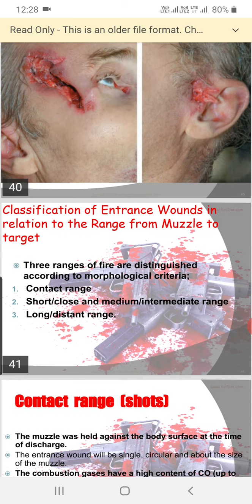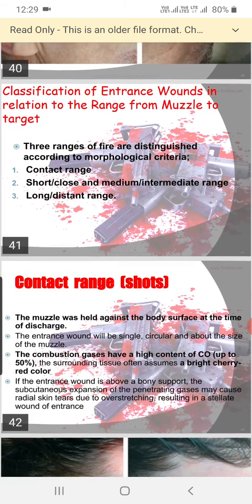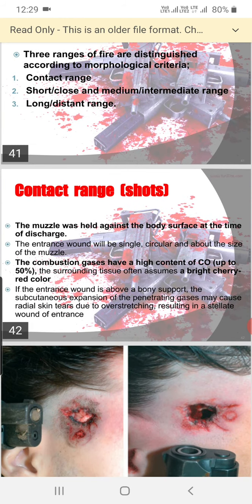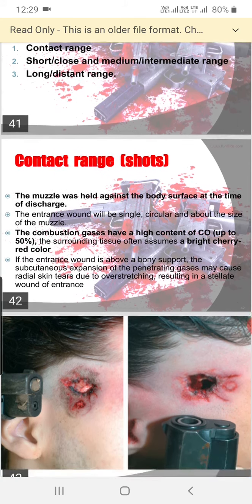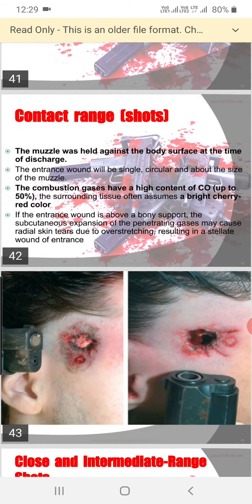Now classification of entrance wound, in relation to the range from muzzle to target. Three ranges. Okay, we have already discussed that: contact, short, close or medium, intermediate and long distance range. Contact range: the muzzle was held against the body surface at the time of discharge. The combustion gases have a high content of CO, up to 50%. So the surrounding tissue often assumes a bright cherry red color, and the entrance wound is above a bony support.